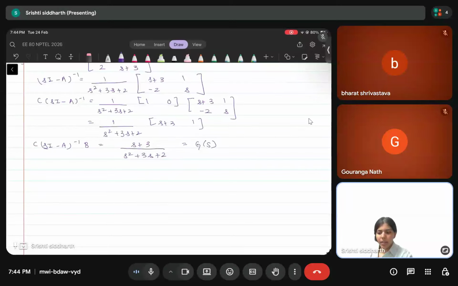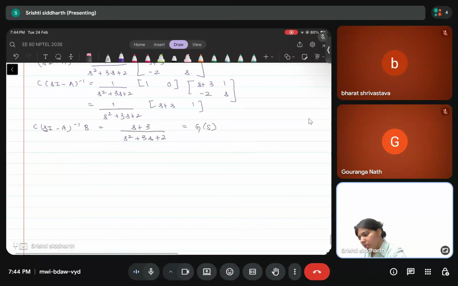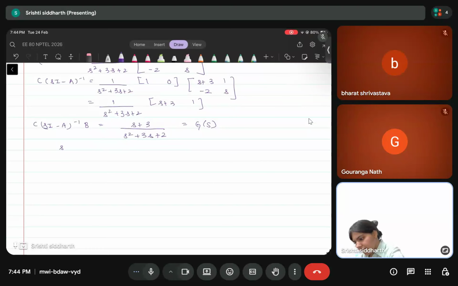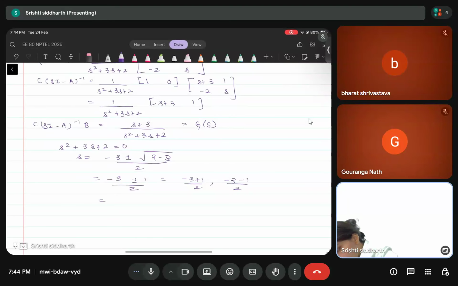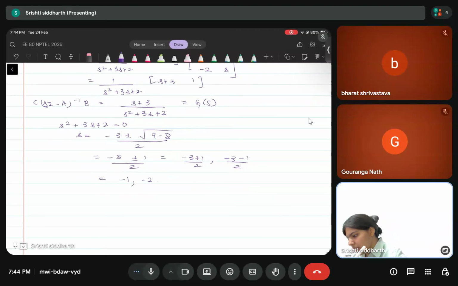Now let's find out the roots of the denominator. So this is minus 1, minus 2. So the poles, let's write this down.